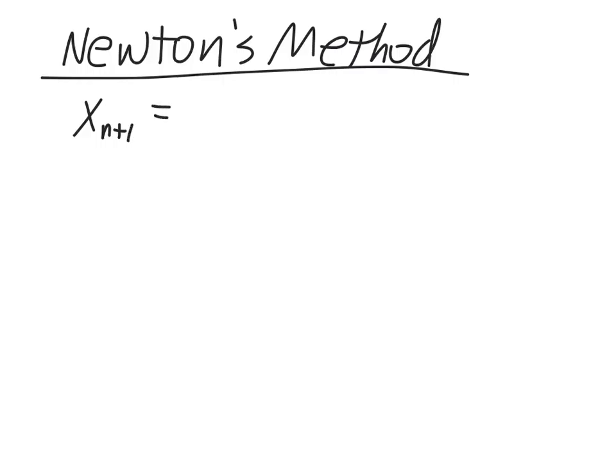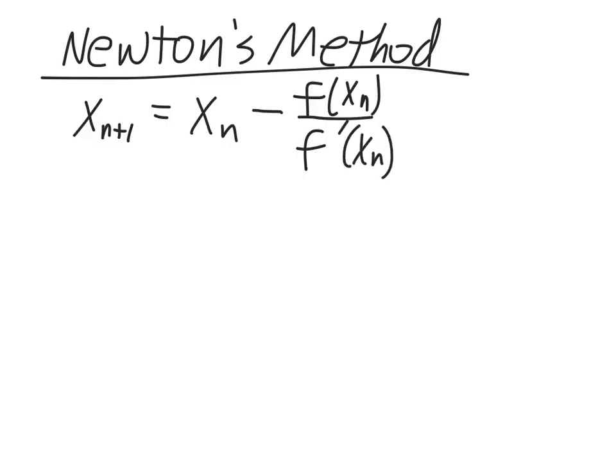the x value that we'll say is approximately the solution. Well, that x value is going to be the previous x value minus, let's see, f of x sub n divided by f primed of x sub n.